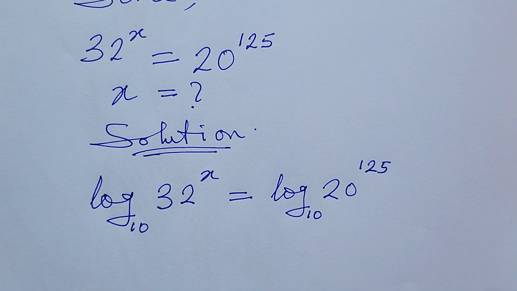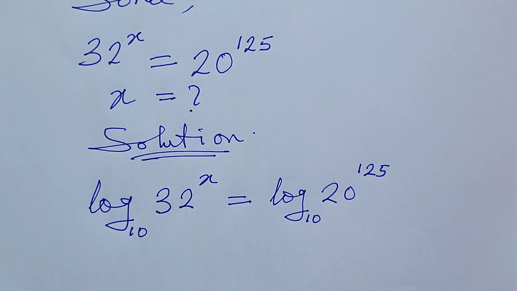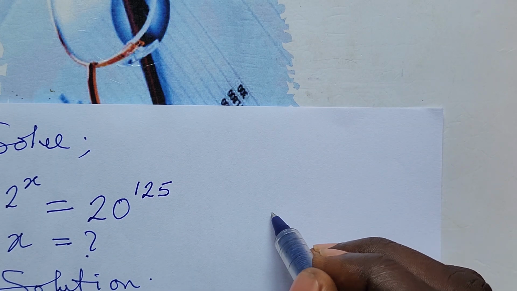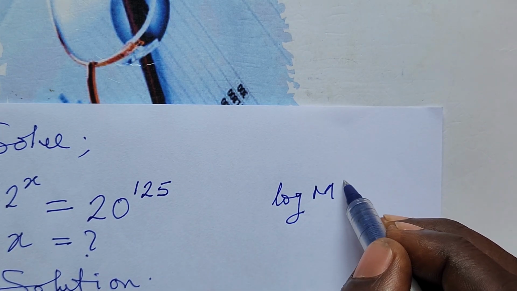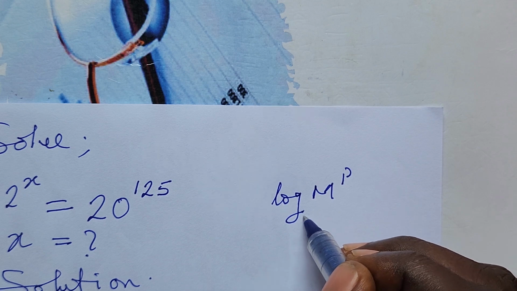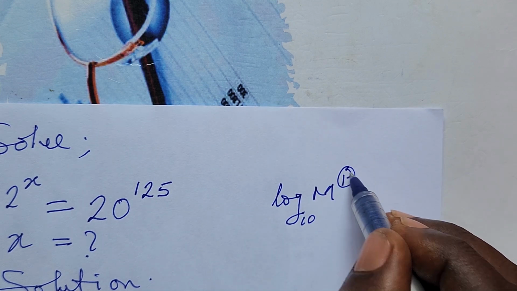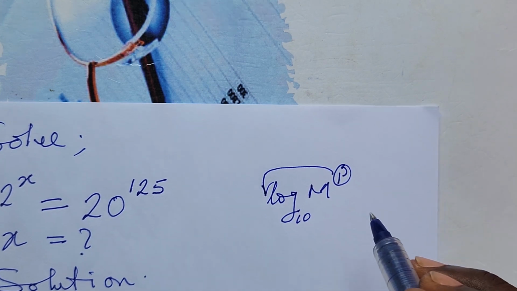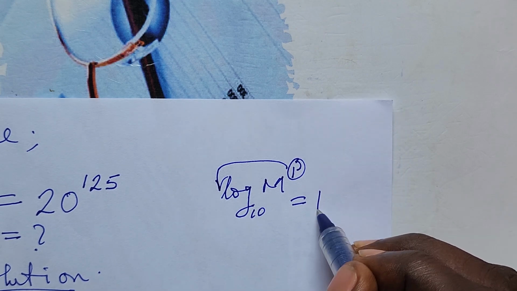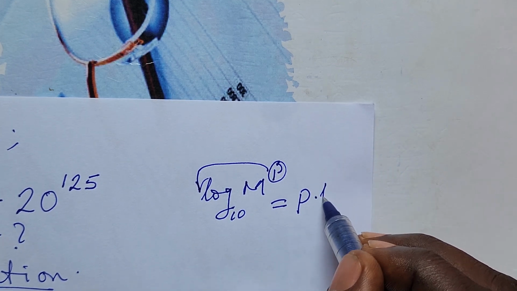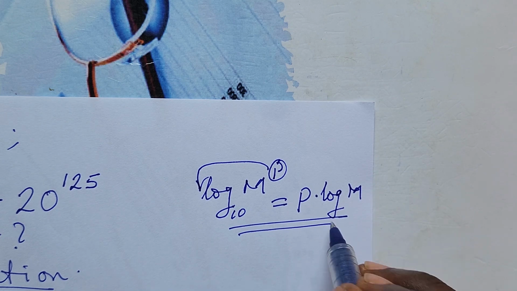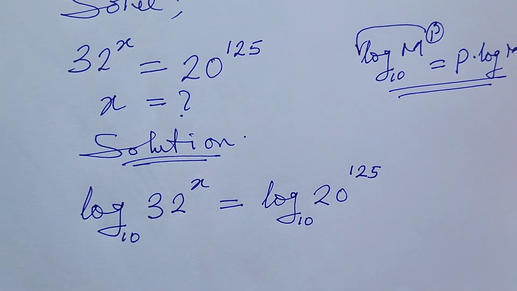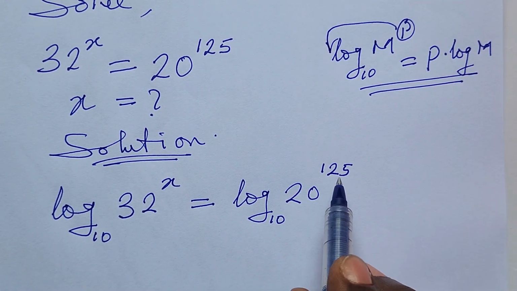Okay, so what do we do? Now recall the law of logarithms, which says that if you have log of m to the power of p, with base 10, we move this exponent back here. So this will now give us p times log m. We remember this? Okay, so let's apply that to the exponents we have here.